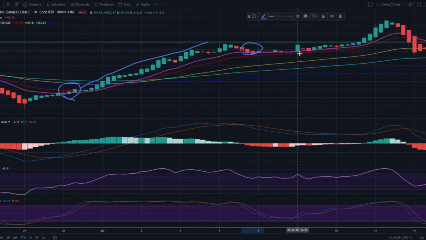Later on we see another green candlestick pass through the SMA line, and then again a steady uptrend. And like the pattern before, we see a red candlestick pass through the purple SMA line, and then a small downtrend right here.